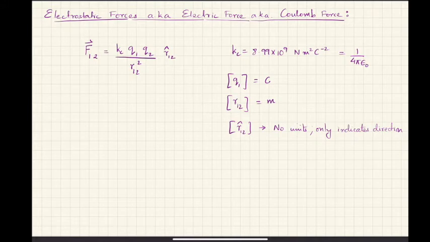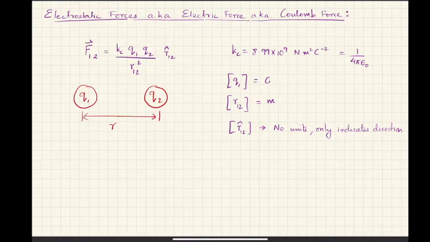So, what if the system we are describing is two charges, Q1 and Q2, that are separated by a distance that I am going to call R1,2.